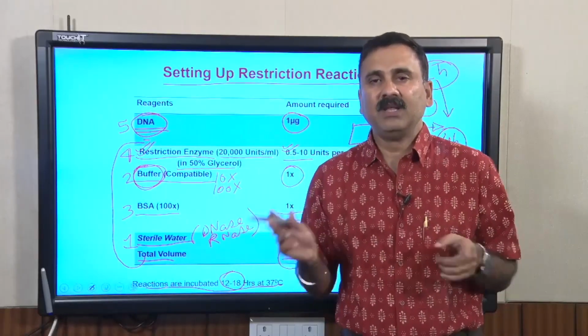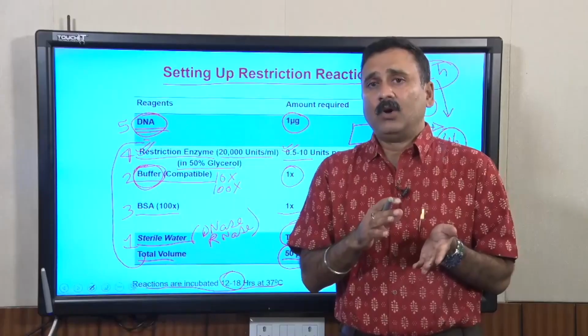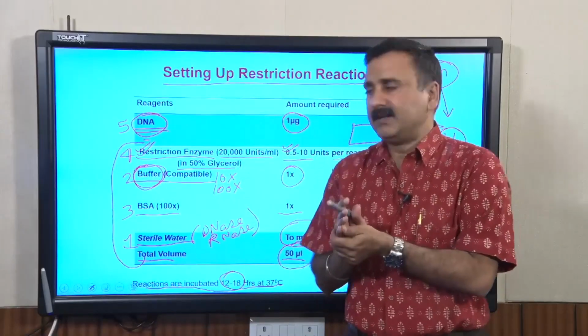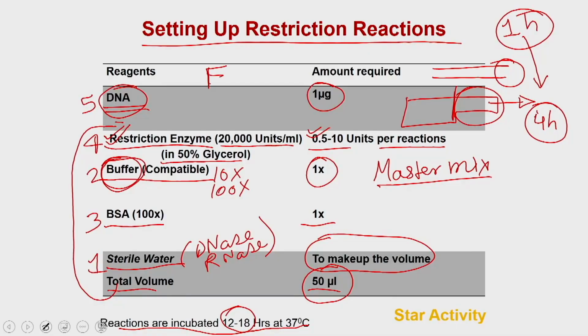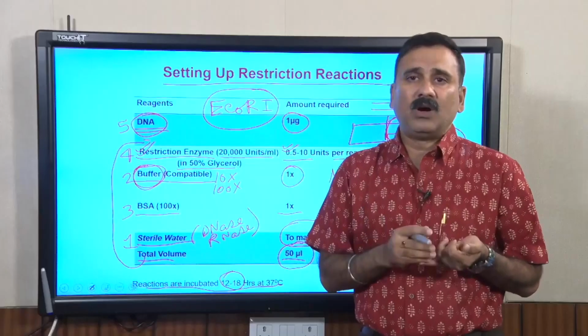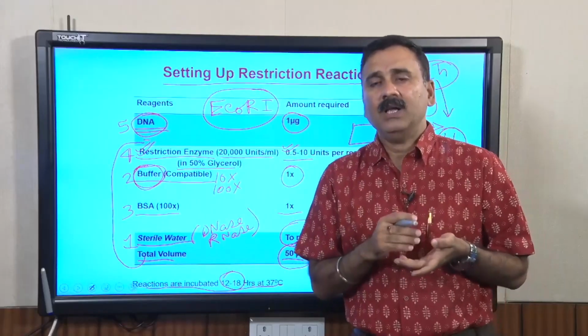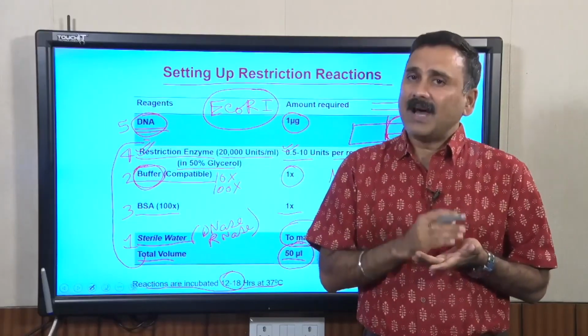In some cases, for example in the case of EcoR1, if you are doing a double digestion and you are using EcoR1 as an enzyme, companies recommend that you use the buffer recommended for EcoR1, simply because most of these enzymes like EcoR1, HindIII or BamH1 normally also show star activity.